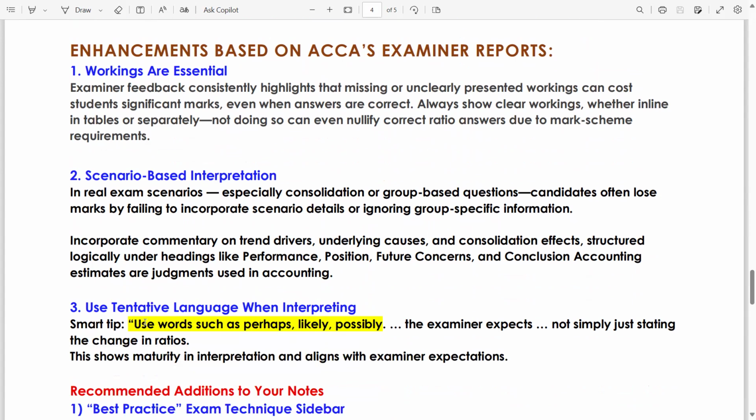Scenario based interpretation. We all can calculate the ratios. Calculation of the ratio is not a hard and fast rule. Even a class 6 student or a primary secondary student can calculate these ratios if he or she knows the formula. The main thing is interpretation and analysis.